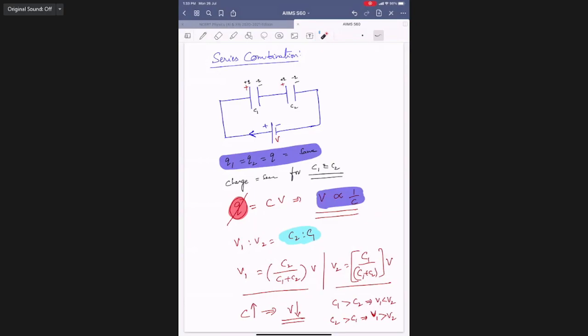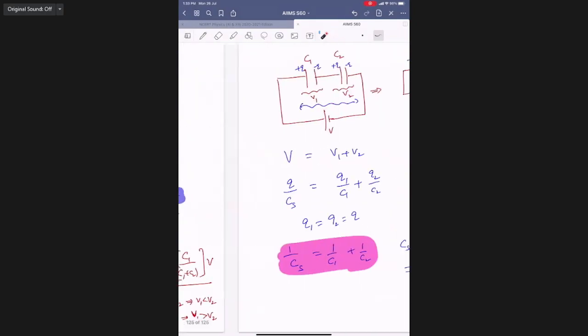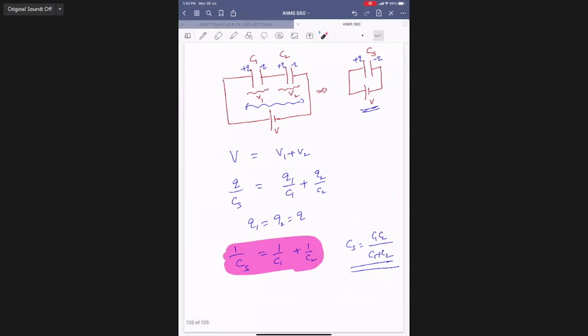So can you show the next page? Everybody done this page now? Yes, sir. Done. Got it, na?